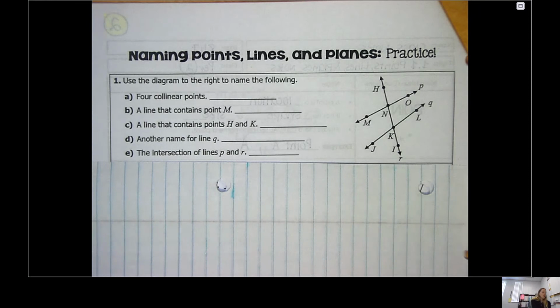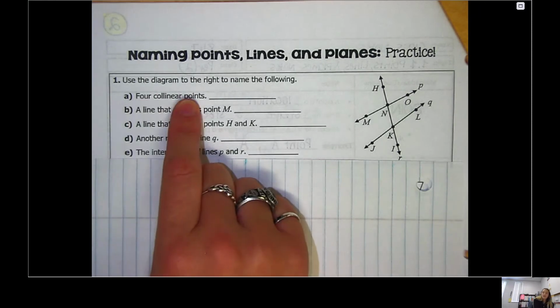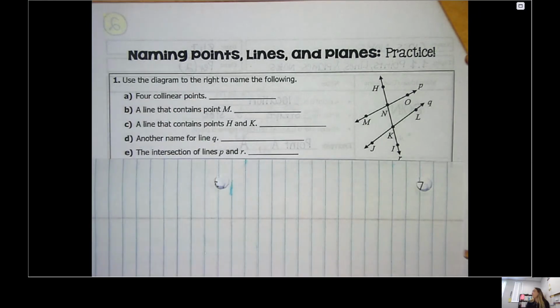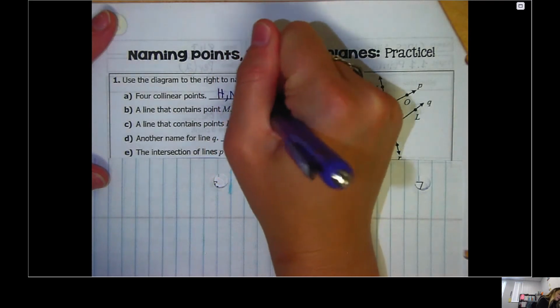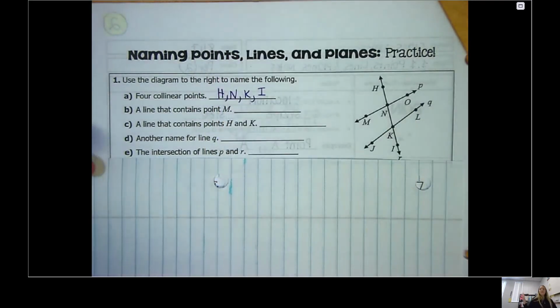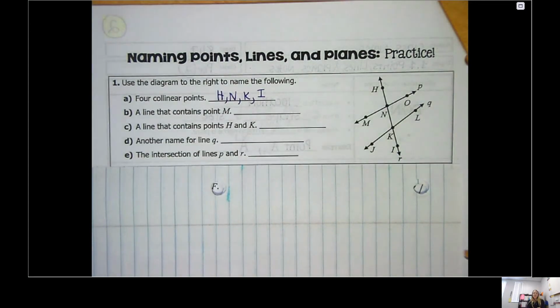I want 4 points that are on the same line. Try again. H, N, K, and I. Beautiful. Now, we can just put the letters H, N, K, and I. But they have to be capital, so make sure they're capital. Are there any other 4 points that are on the same line?